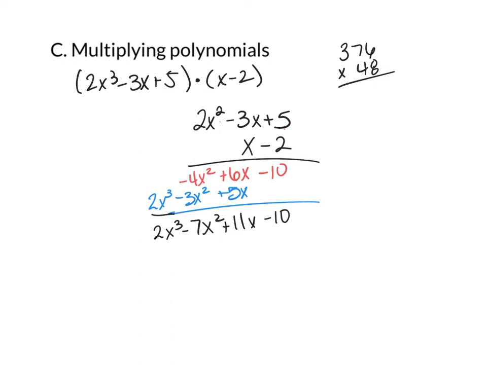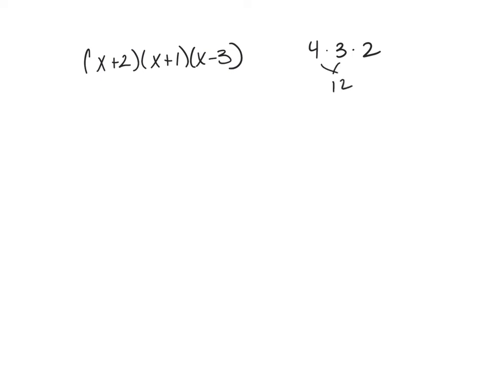Now what if we are multiplying 3 binomials together: x plus 2 times x plus 1 times x minus 3. Just like if I'm multiplying 4 times 3 times 2, I need to multiply the first 2 and then multiply the third one by that result.